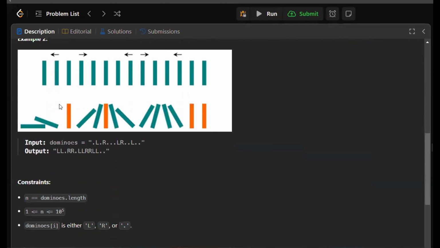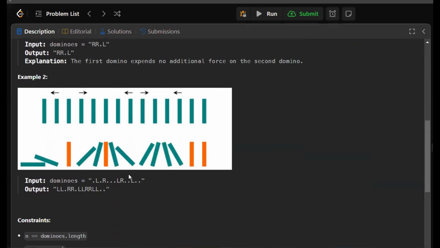Suppose, let's consider this second example. Here, there are several dominoes. If we push the second domino to the left, that means this domino will push its left dominoes and they will fall to the left side.